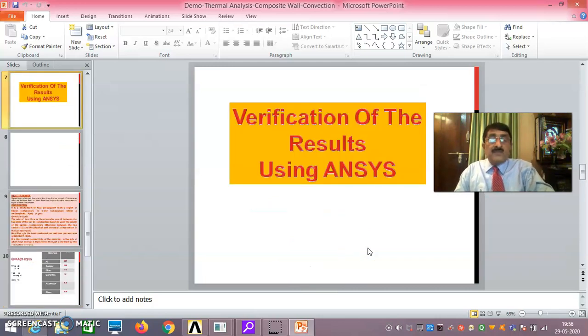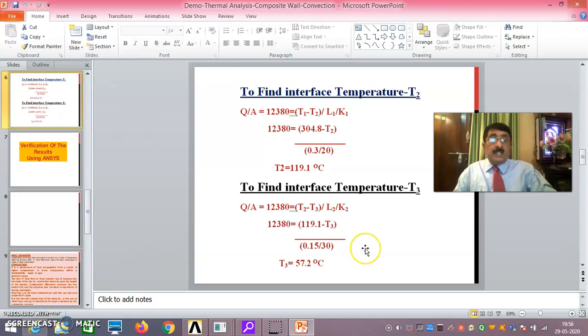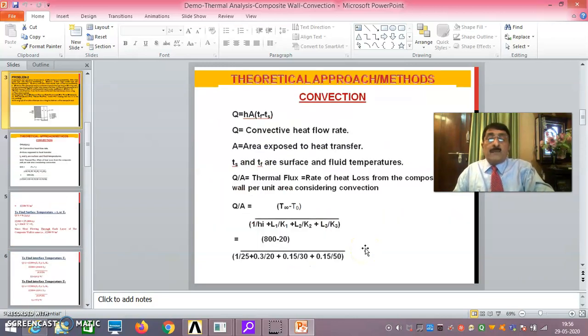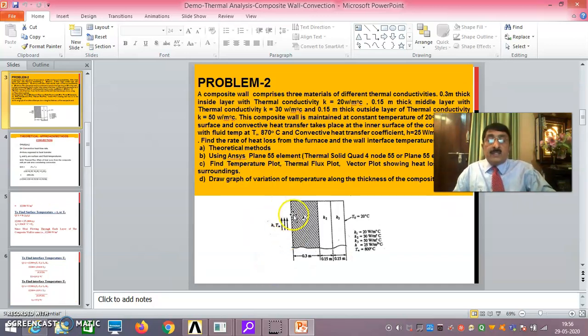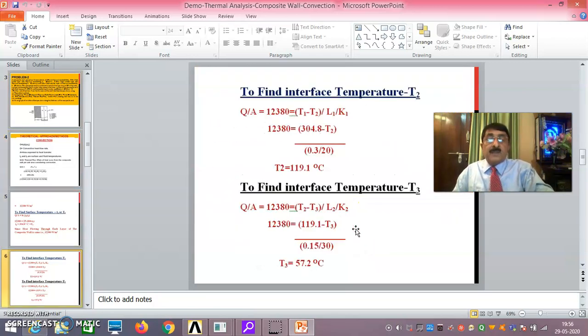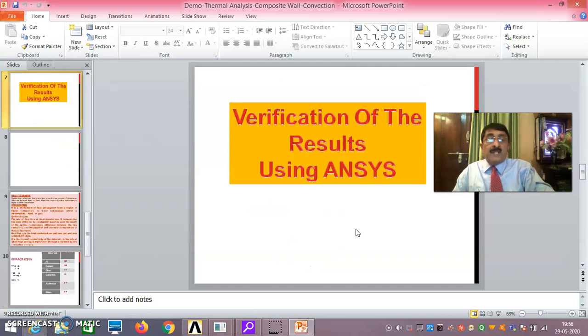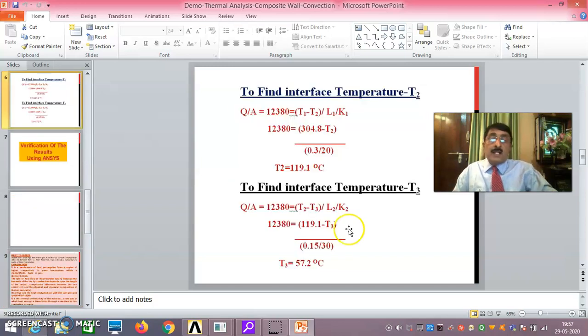Now see here. T1 you got as 304.8, this is TS or T1. This is T2, 119.1. This is T3, 57.2. This is anyway 20. Even if you do the same way to find the interface temperature, 12380 equals T3 minus T4, with T4 as T0, divided by L3 by K3.